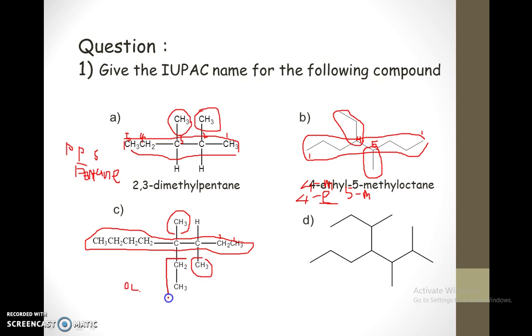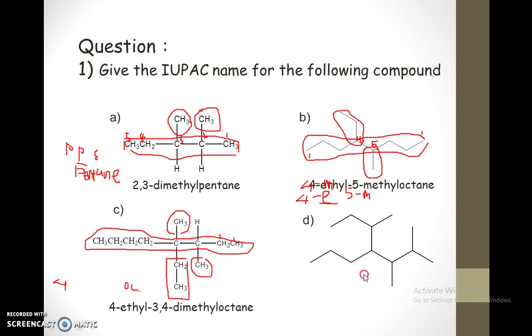Other than that, you also have ethyl at carbon number 4. So 4 ethyl, 3,4-dimethyl octane.